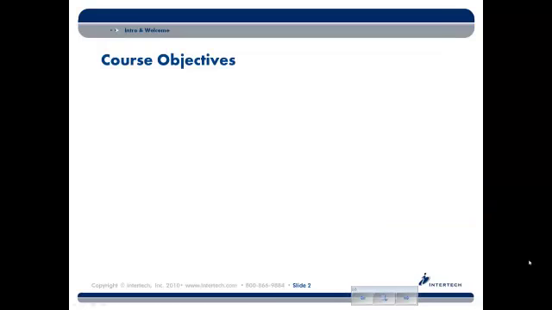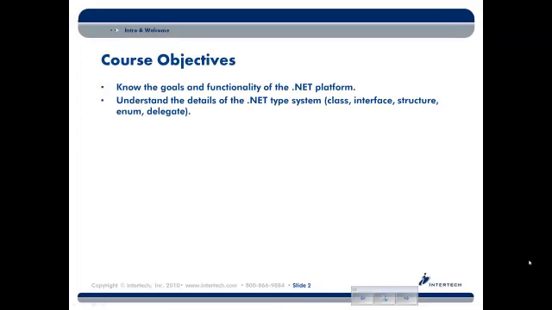So the course objectives here begin by really making sure attendees understand the functionality and the scope of the .NET platform. What can you do with it? What kind of software can you build with it, and so forth. We'll be talking quite a bit about the details of the .NET type system.